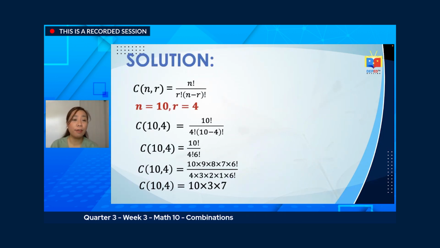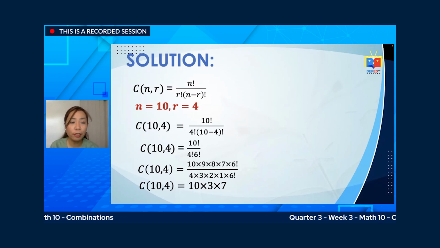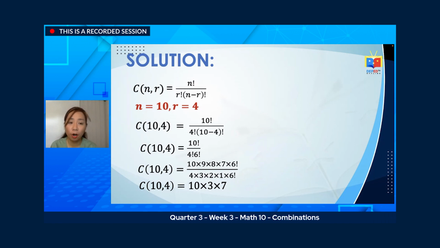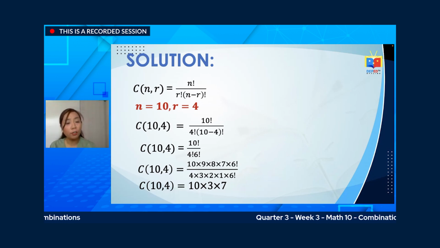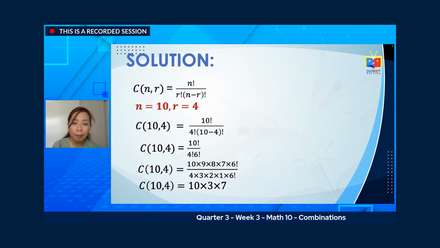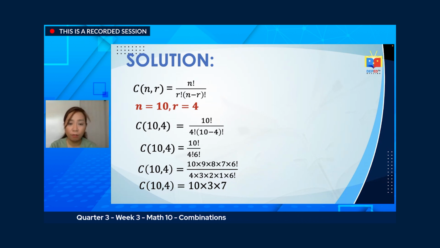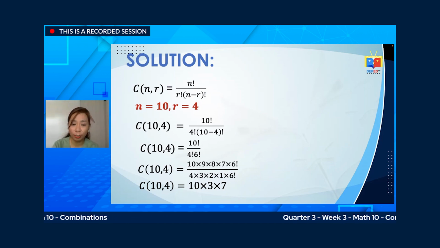The combination of N objects taken R at a time is equal to N factorial over R factorial times the quantity N minus R factorial. Substitute N equals 10 and R equals 4, and we get 10 factorial over 4 factorial times the quantity 10 minus 4 factorial. Solving, we have 10 factorial over 4 factorial, 6 factorial.